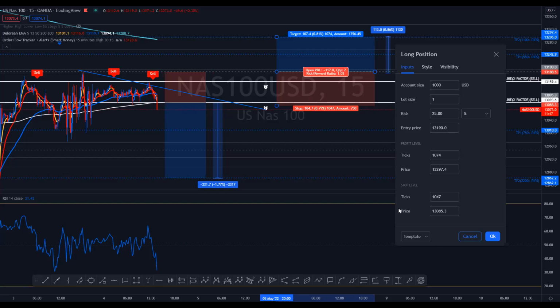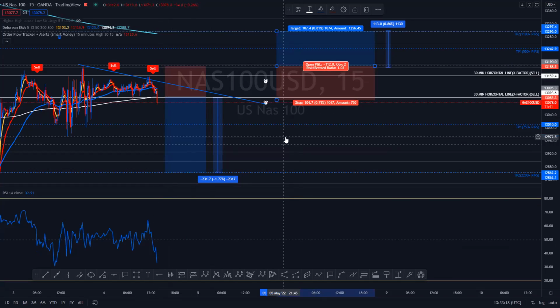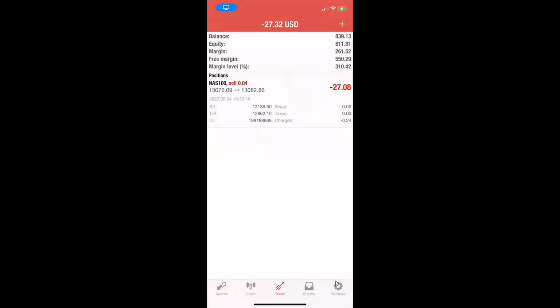So I went in for the sell. Looks like it's probably pushing past this point. We'll see what happens. Hope I didn't do it too quickly. See what happens here.